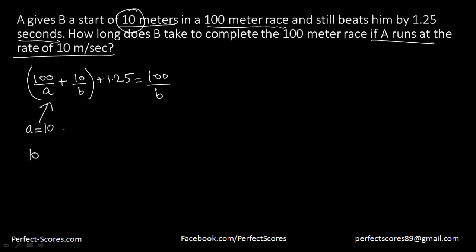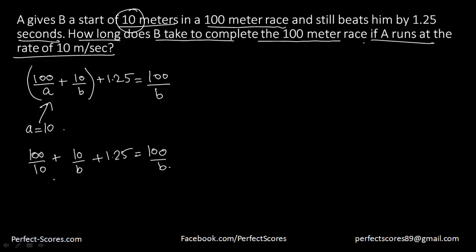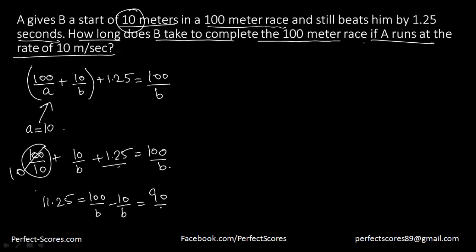So we're going to get 100 by 10 plus 10 by B plus 1.25 is actually equal to 100 by B. Now all we need to do is get the value of 100 by B, because it says how long B takes to complete 100 meters. Well, this is going to be 10. 10 plus 1.25 is 11.25, is actually equal to 100 by B minus 10 by B, which is actually equal to 90 by B.